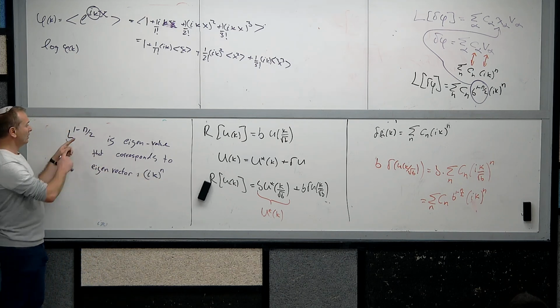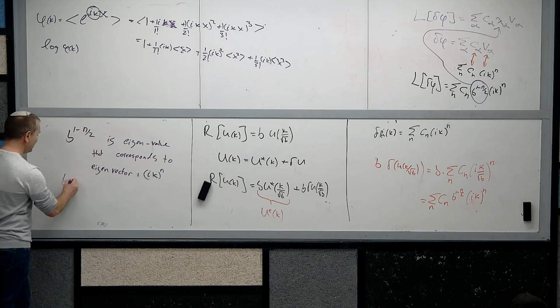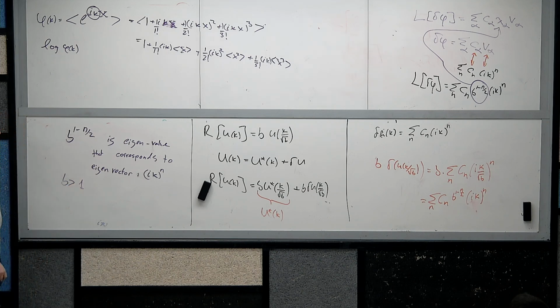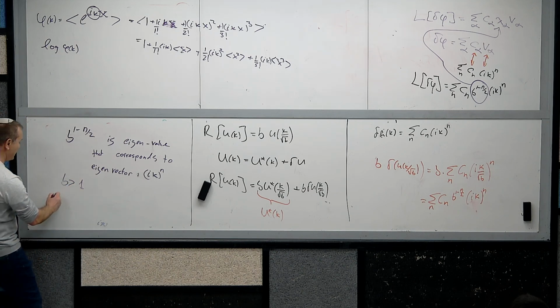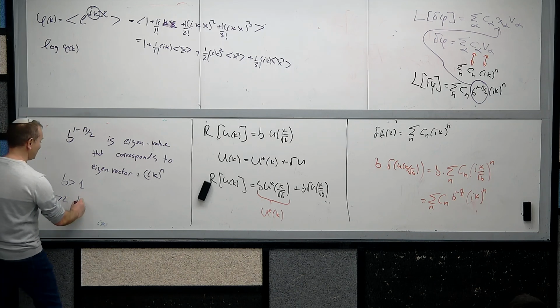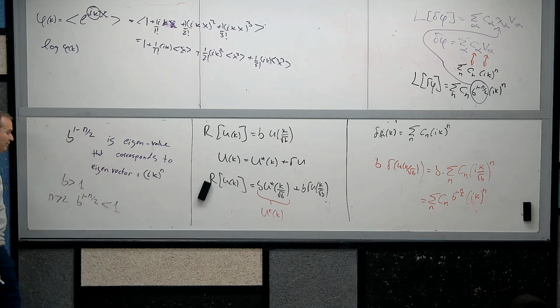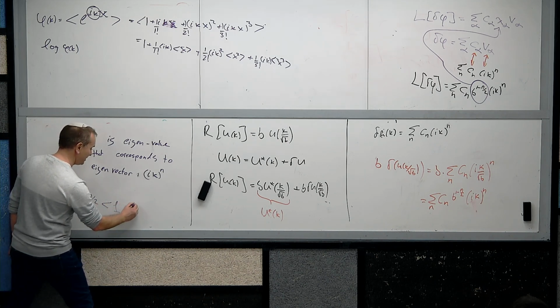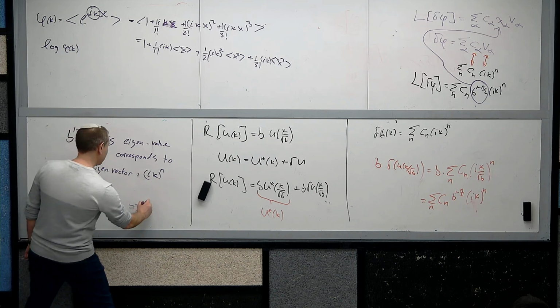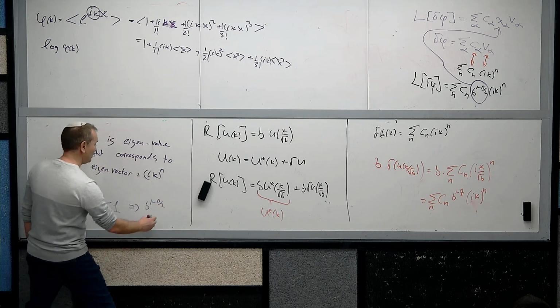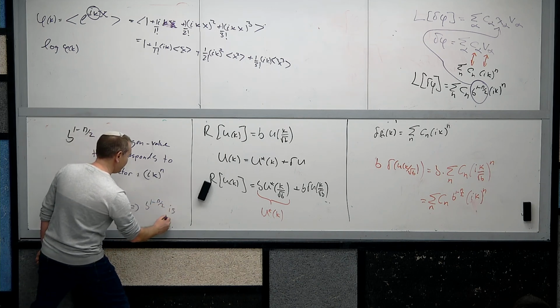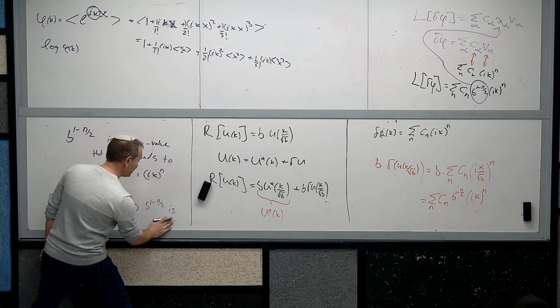Now, b is greater than 1. So I know that if n is greater than 2, b to the power of (1 minus n) divided by 2 is smaller than 1. Meaning this eigenvector is irrelevant.